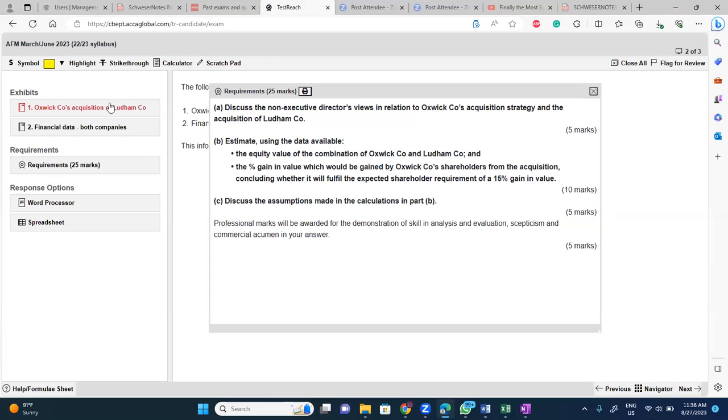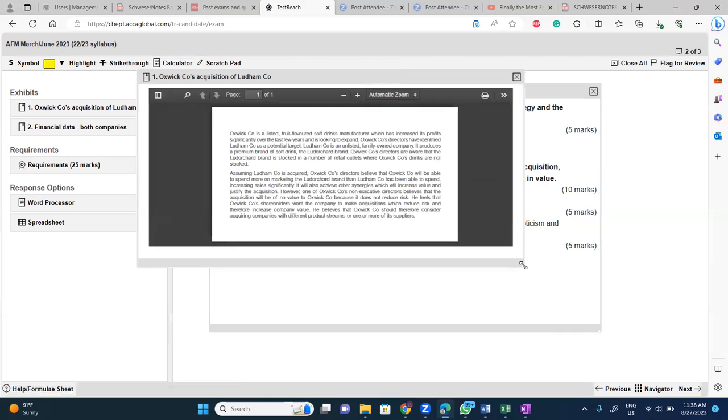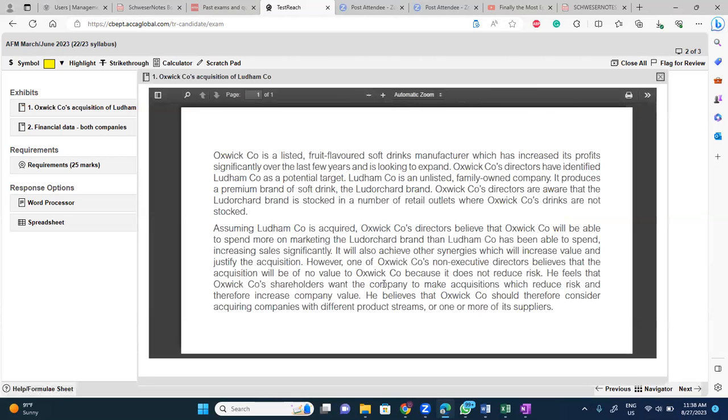Okay, let's read the question. Oxwick is a listed fruit flavored soft drink manufacturer which has increased its profits significantly over the last few years and is looking to expand. Oxwick company directors have identified Ludem company as a potential target.